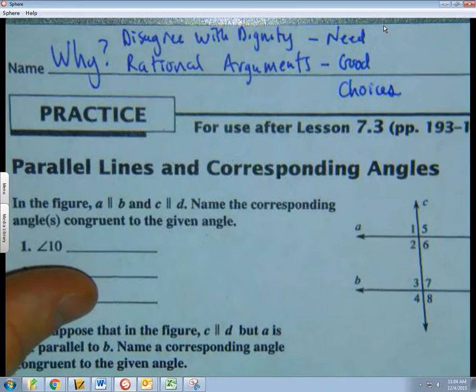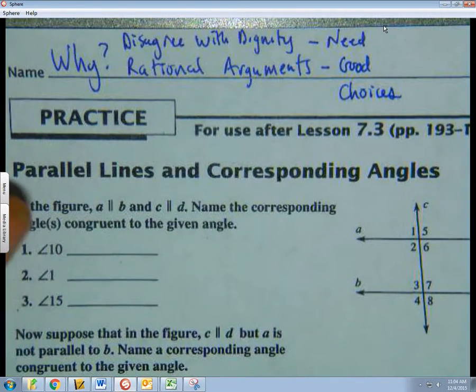Good choices, which is something that is of value as you grow and hopefully even right now. So there's a why, because I think sometimes this kind of gets lost, but that's really what we're doing here. We're just making some rational arguments, and we're using the vehicle of geometry, but really this is logic and reasoning, and those are desirable qualities.